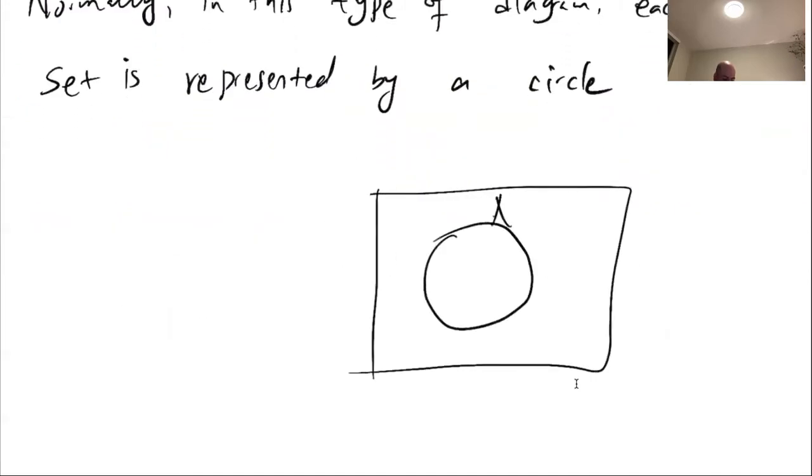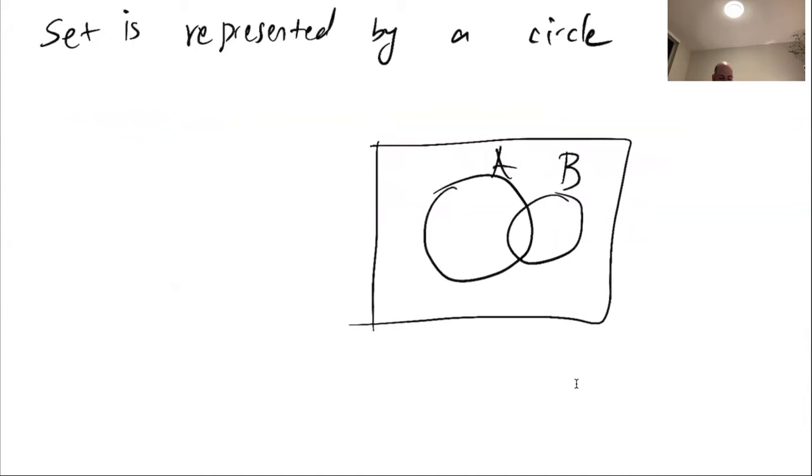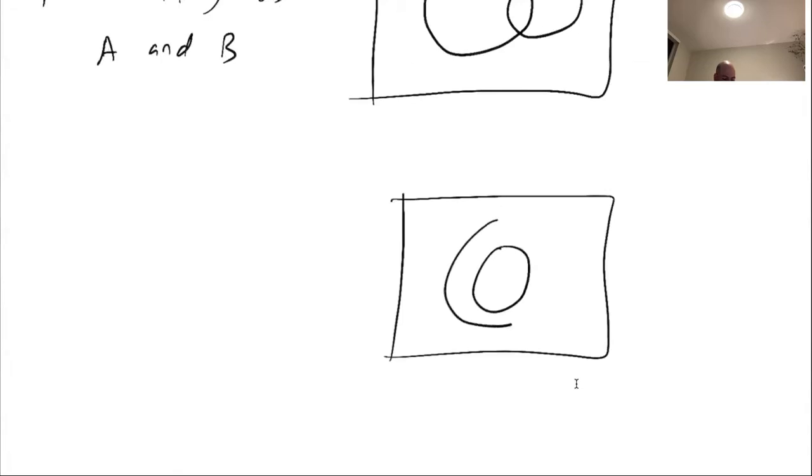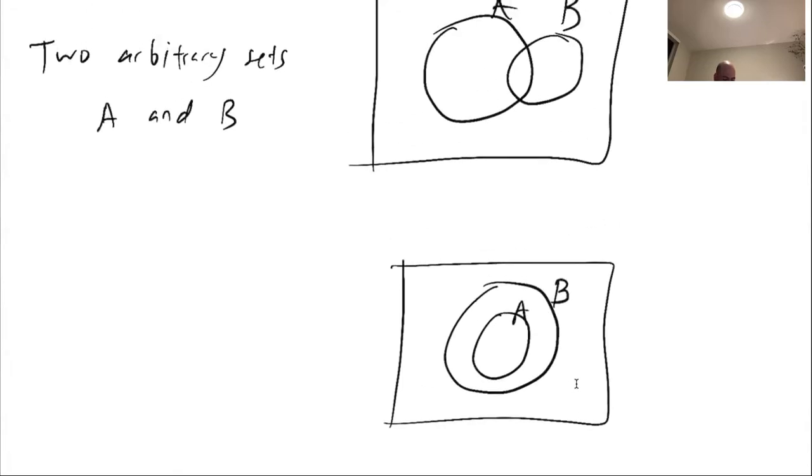So let's say this is set A and this is set B, right? In general, if you have two arbitrary sets A and B, then we can denote them using a Venn diagram this way. But if you already know that A is a subset of B, then A would be like this, B would be like this.